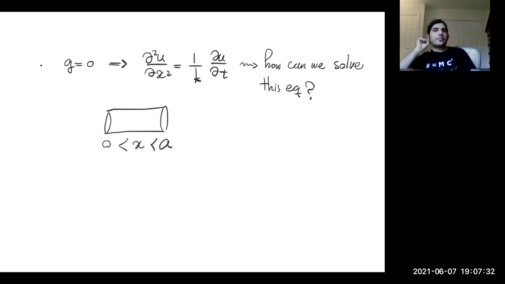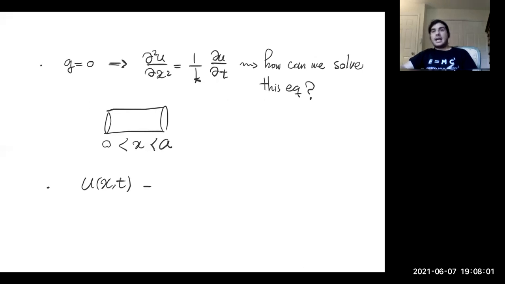Okay. So there are different ways we can think about this equation. We can try to see if we can find any solution, right? We can write down a few examples. So some sort of trivial example would be like this. Suppose u is a function of x and t.